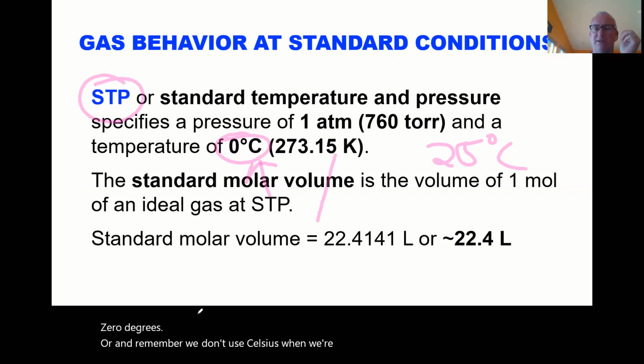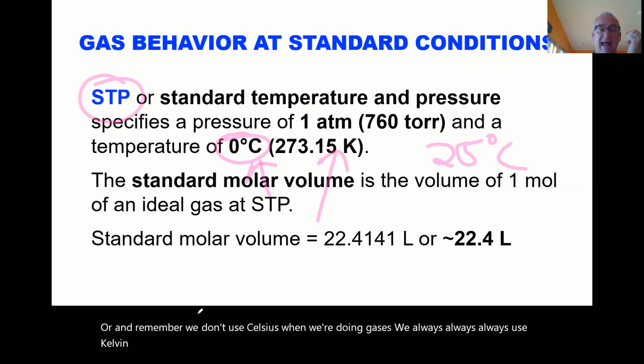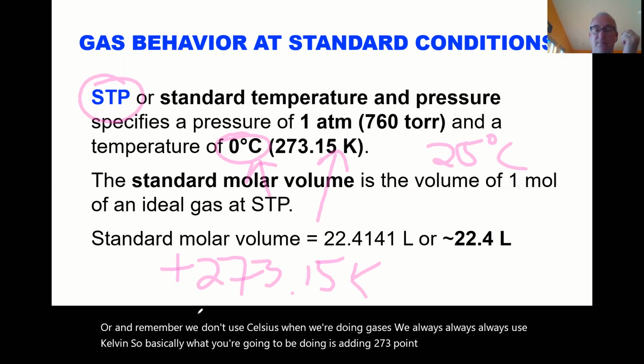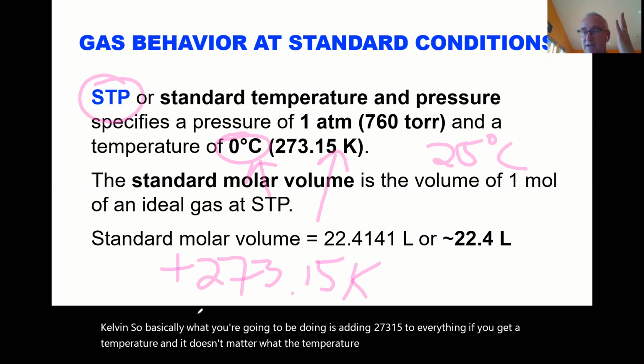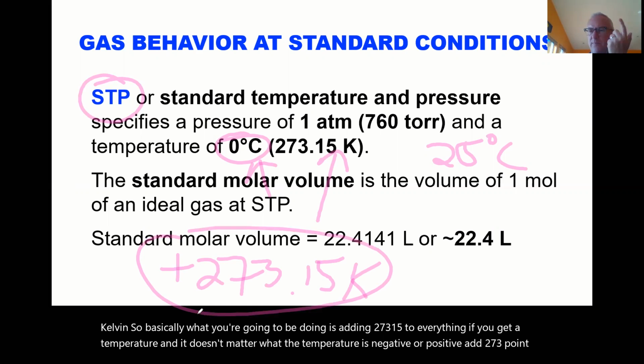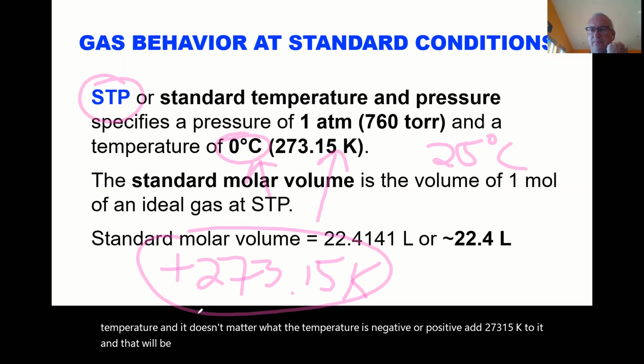We always use Kelvin. So basically what you're going to be doing is adding 273.15 to everything. If you get a temperature, and it doesn't matter what the temperature is, negative or positive, add 273.15 K to it, and that'll be your temperature in Kelvin.